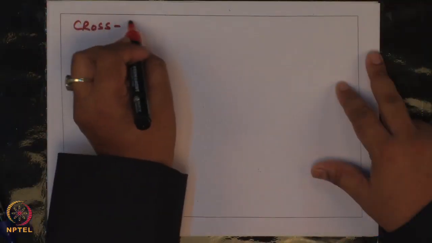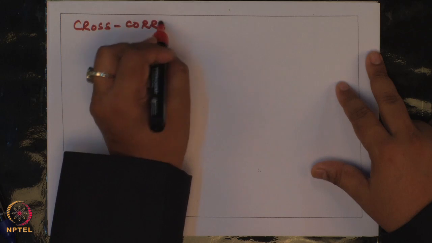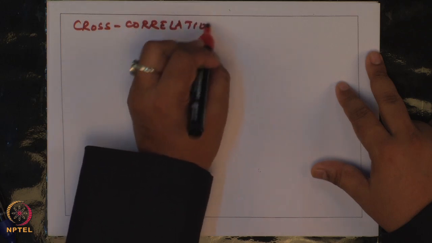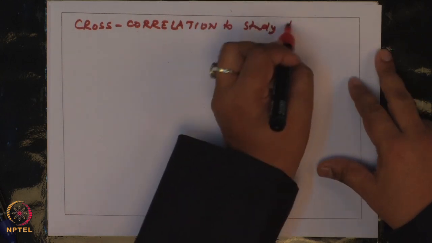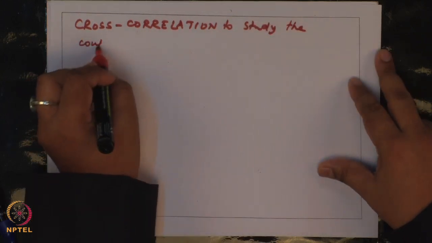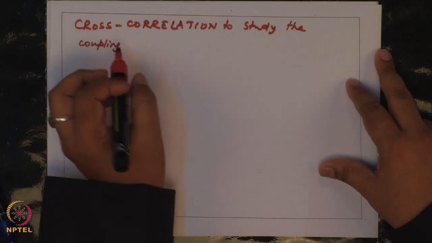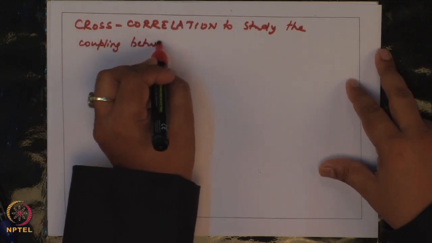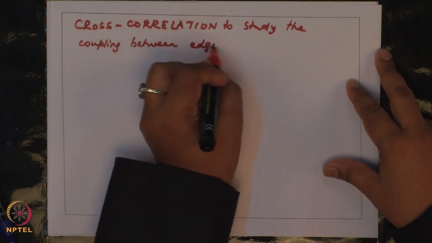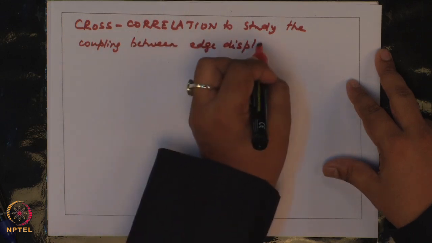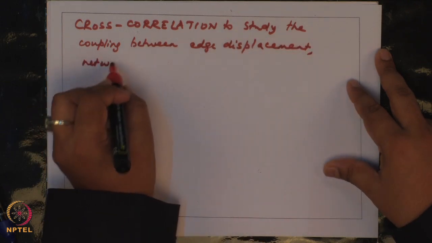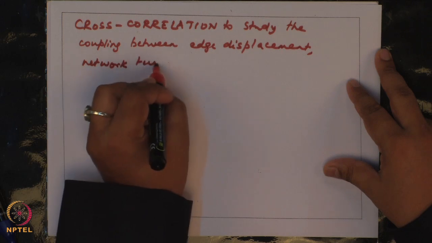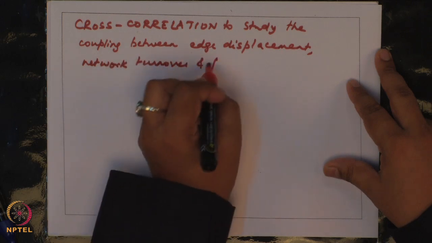You can do cross correlation to study the coupling between edge displacement, network turnover and flow.